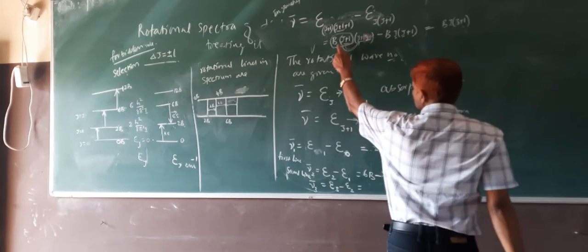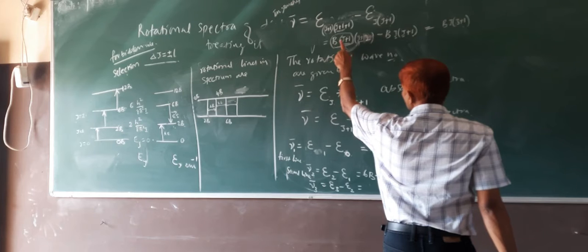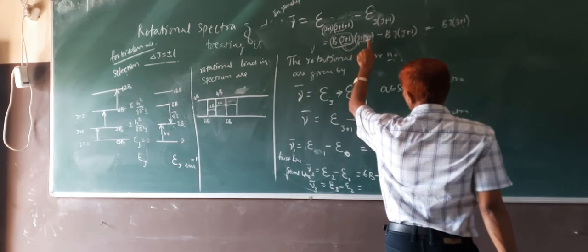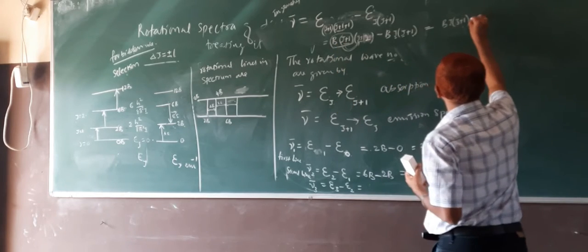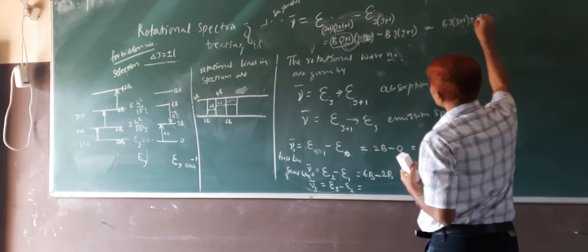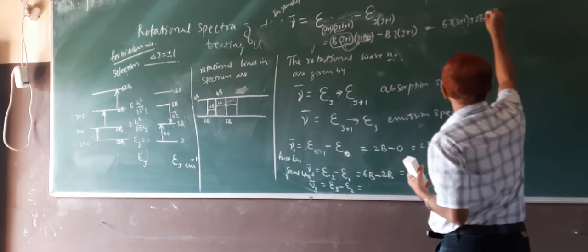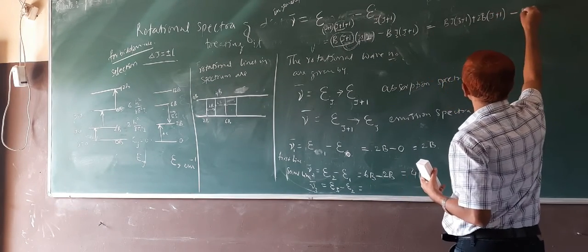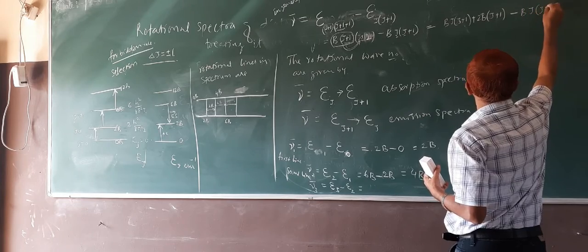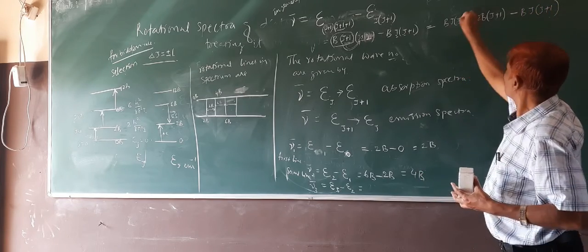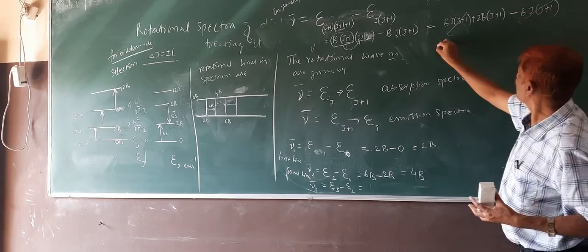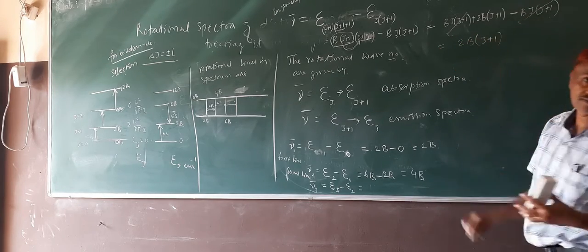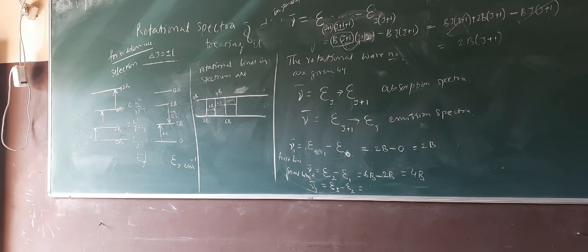So this is B J into J plus 1 plus 2 into B J plus 1, minus this term as it is. And this is what I am going to get.